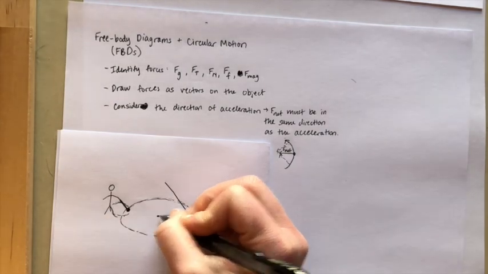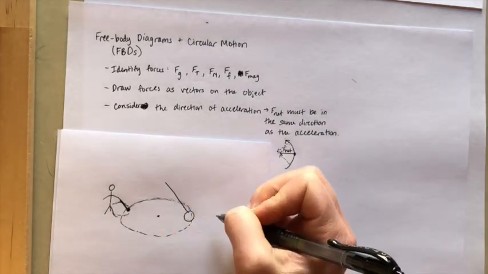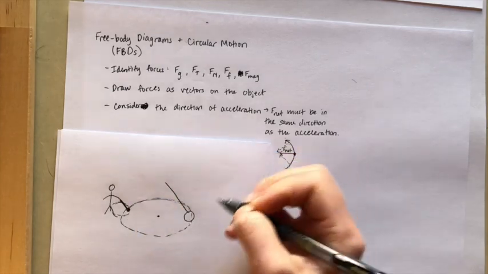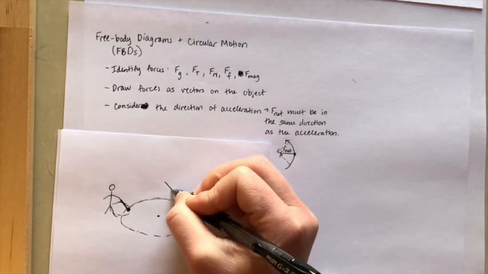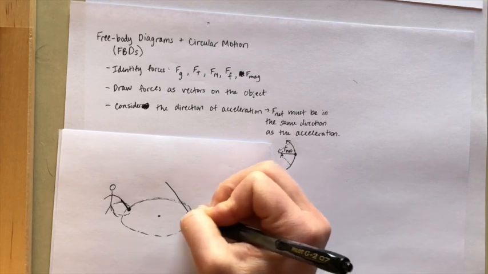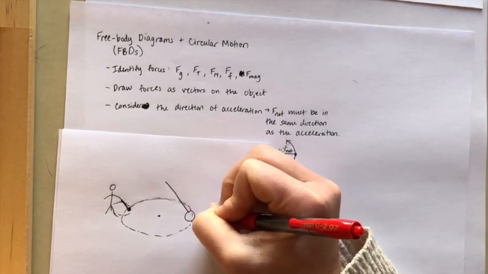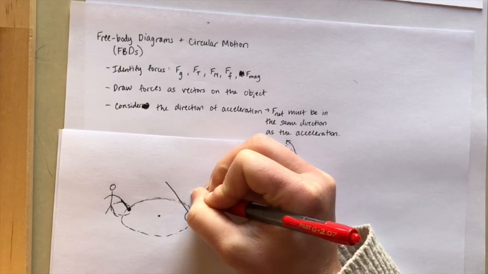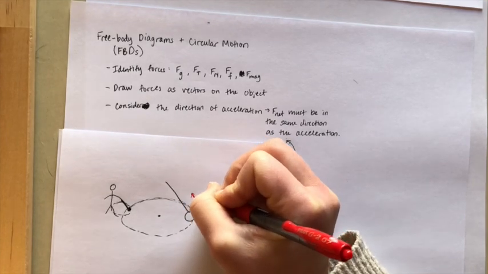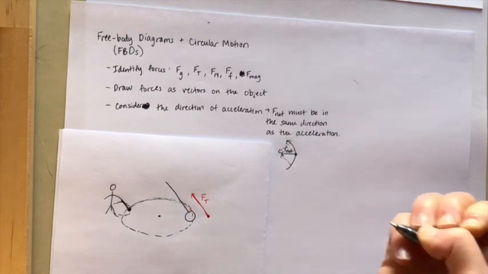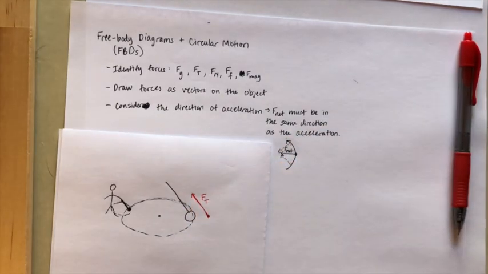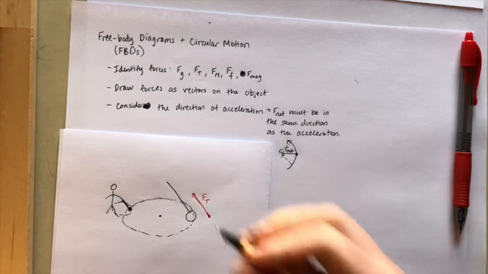The center of the circle is right here. This is an angled view. The direction that the string is pulling this yo-yo at this point is directly along this string. So in the free body diagram, the tension force has to be angled like this, Ft. And then you also have a gravitational force downwards.